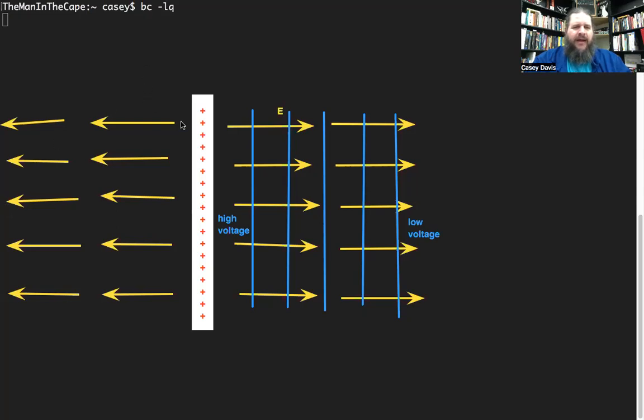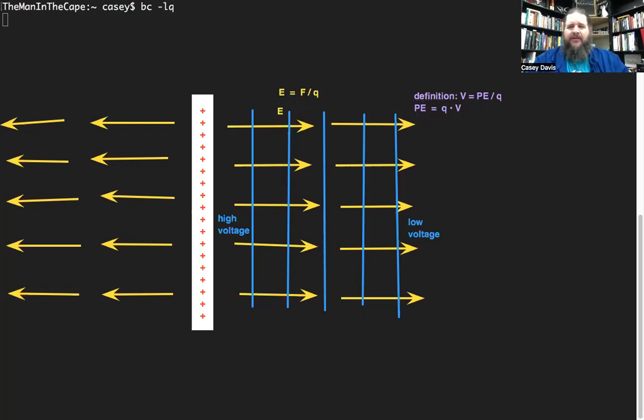Yeah, if you look at the relationship between voltage and potential energy, in general, potential energy is test charge times voltage, because ultimately we're defining voltage as the ratio of potential energy over test charge, in the same way that we were defining electric field in the first place as the ratio of force over test charge.